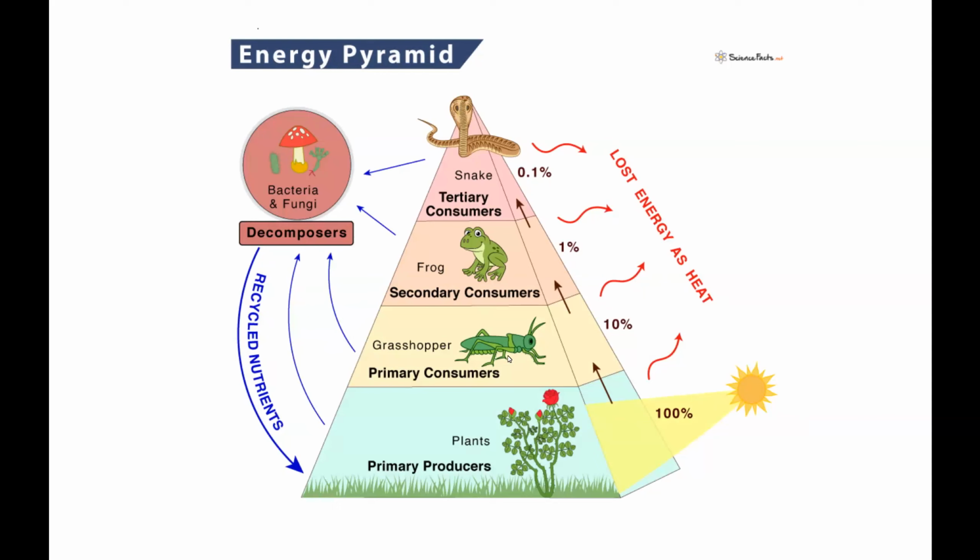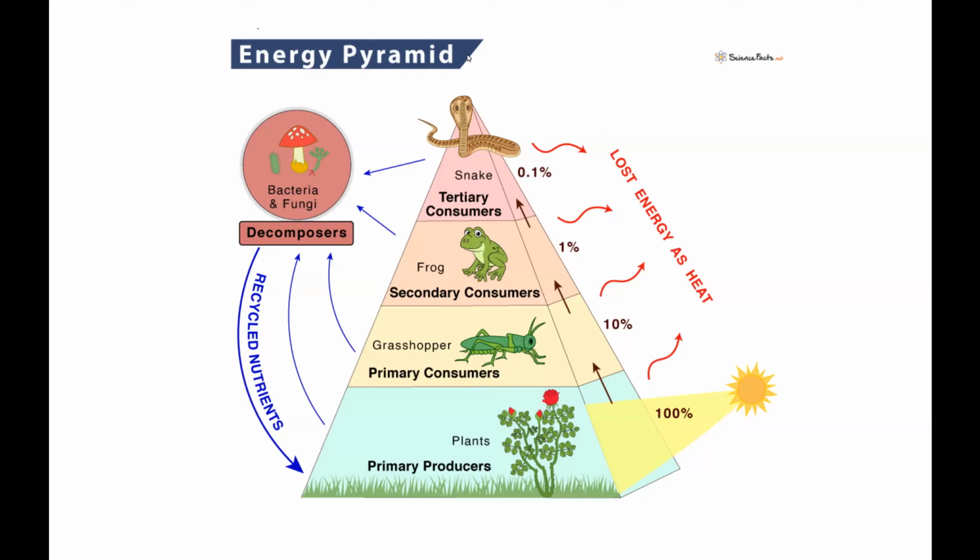So then the same thing happens when the secondary consumers, like frogs, eat the primary consumers, like grasshoppers. Only 10% of this 10% moves up. So that means that only 1% of the original energy stored down here in the primary producers is passed on to the secondary consumers. And then the energy continues to diminish as you go on up to the tertiary consumers.